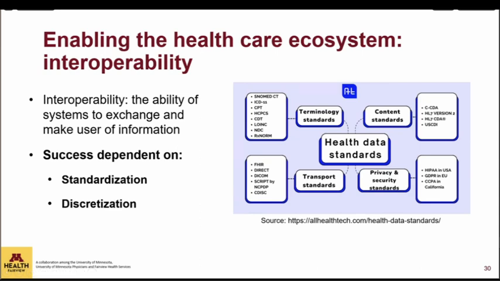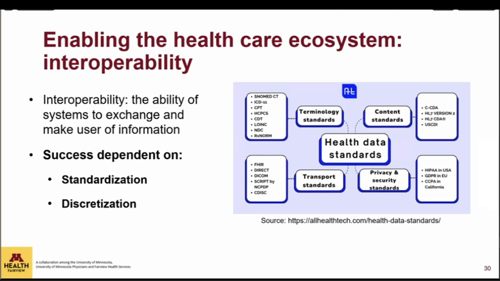So really enabling data for the healthcare ecosystem will depend on interoperability. Most of you are probably familiar with this concept in laboratory specialties, but this is really an overarching definition of the ability of systems to exchange and also to make use of information.